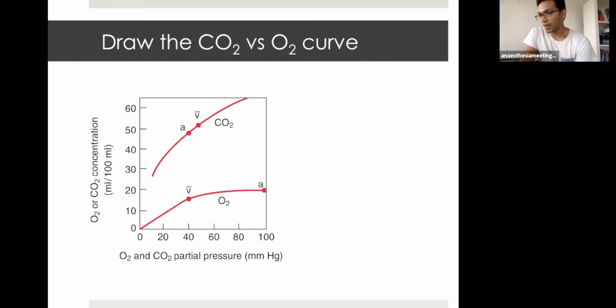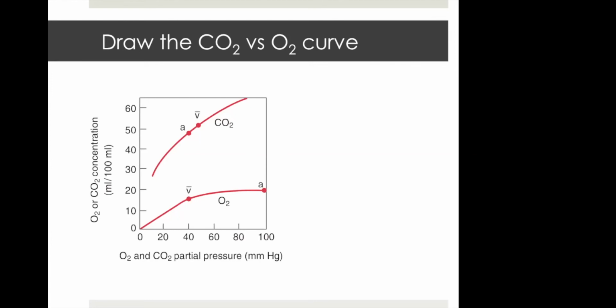What is the absolute difference between the content of arterial and venous CO2, roughly? I think for arterial CO2, where the PaCO2 would be about 40, it's about 48 mils per 100 mil, and then for venous, where it's about 45, it equals about 52 mils. Oh, sorry, so I've got them the other way around.